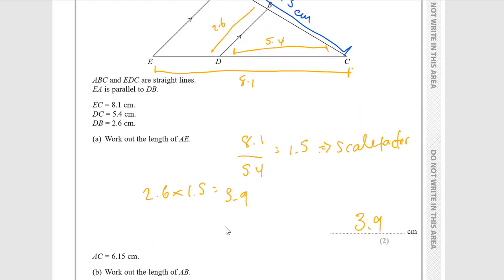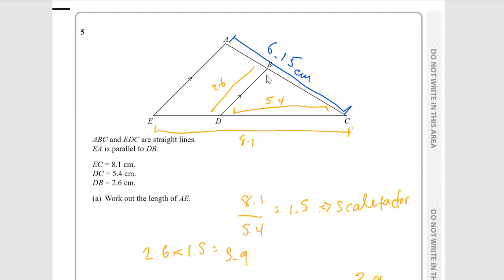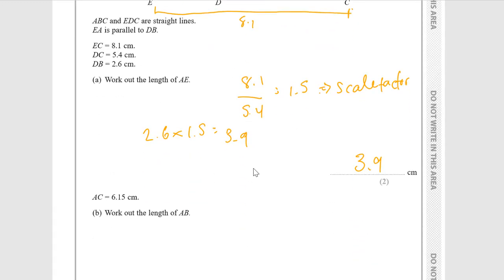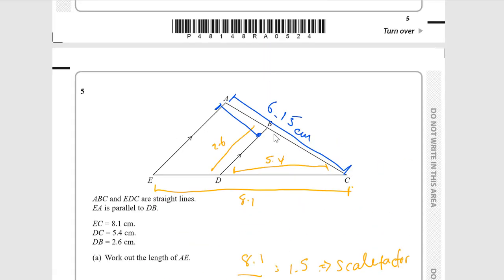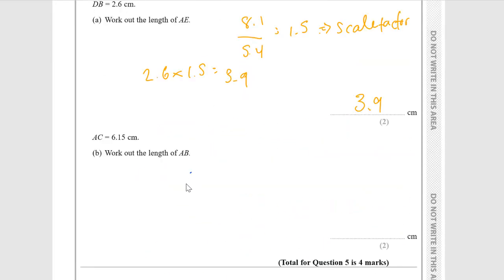And it says work out the length AB. So it wants you to work out this length. Oh, no, sorry, not that length. It wants you to work out this length here, AB. So essentially all we need to do is again scale factors. 6.15 divided by 1.5, which gives us 4.1.